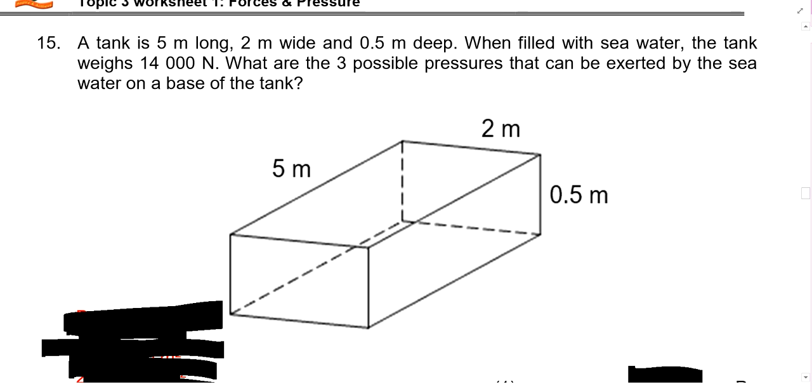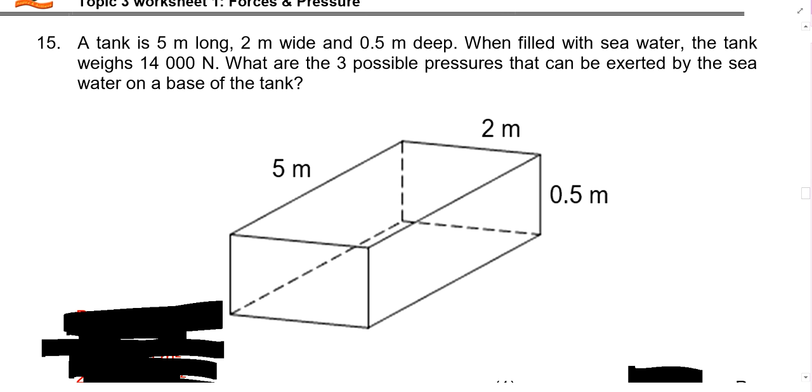Can you visualize? So different ways of placing it will result in different pressures on the ground. What are the 3 possible pressures that can be exerted by the seawater on the base of the tank? Okay, so in this configuration, what is the base area? If you leave it like this, what is the base area?